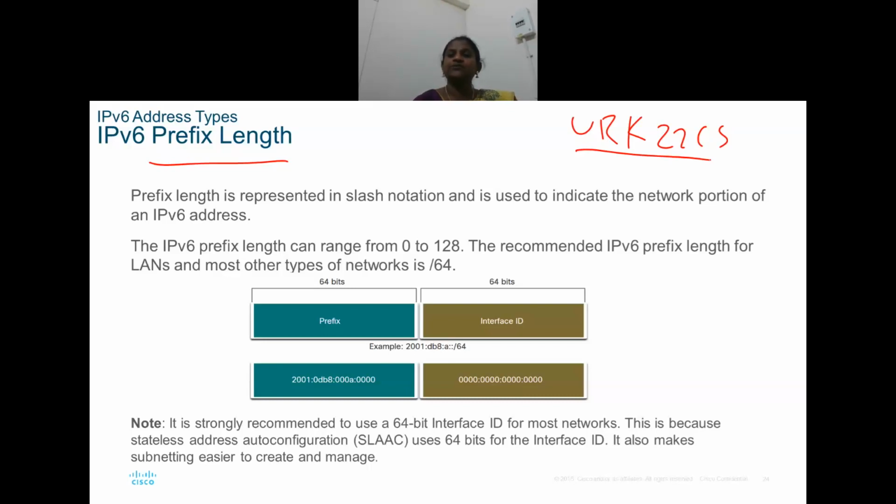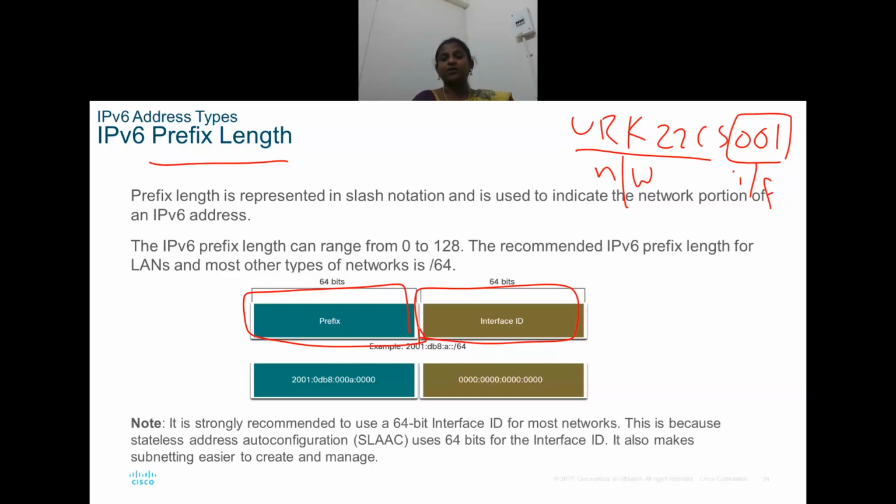Okay, the undergraduate students studying computer science in Karunya. And suppose it is 001, this uniquely identifies that particular person. All right. So I can say that this is called the interface ID and this is called the network ID. Okay. So similarly here in IP version 6 also, you have a portion called the interface ID and you have a portion called the prefix ID.